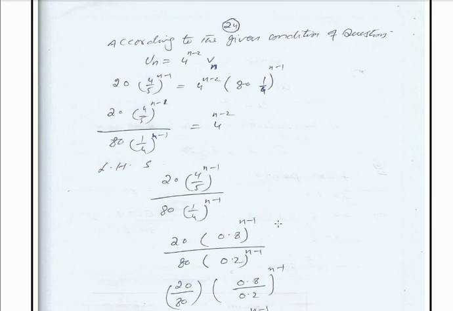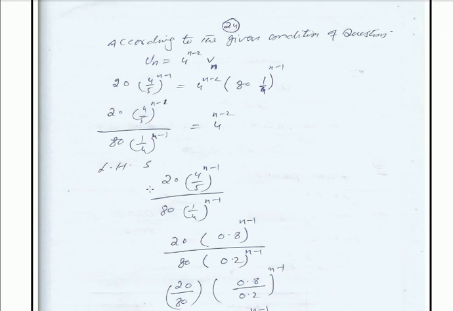According to the given condition of the question, the nth term of the first is equal to 4 raised to the power n minus 2 times the nth term of the second progression. So by putting the values of un and vn as we have calculated in the above step, when we move this term to the left hand side, we get 4 raised to the power n minus 2.